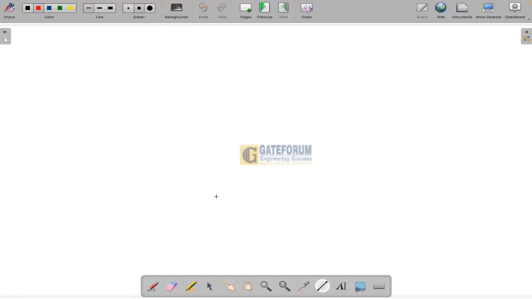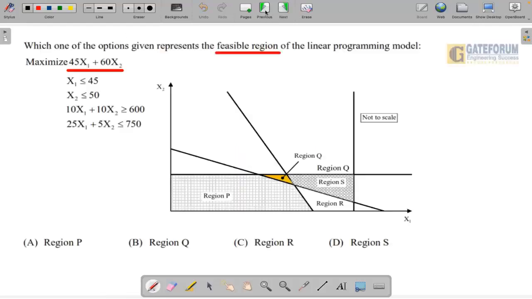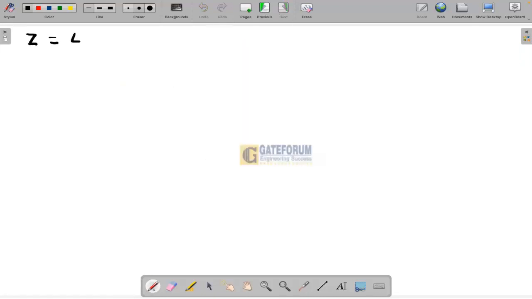This is a very easy problem. First of all, draw the constraints which are given. We have to maximize Z equals 45x1 plus 60x2.